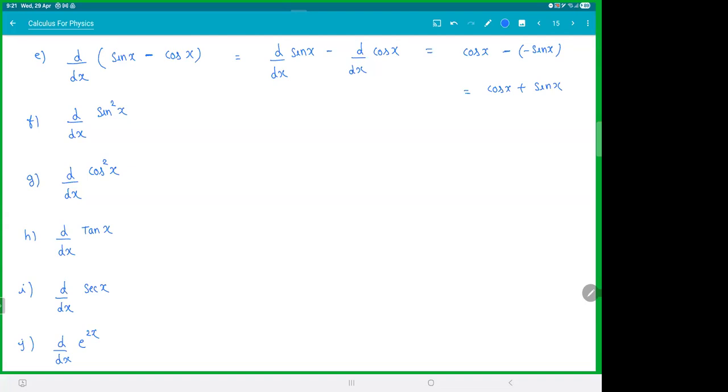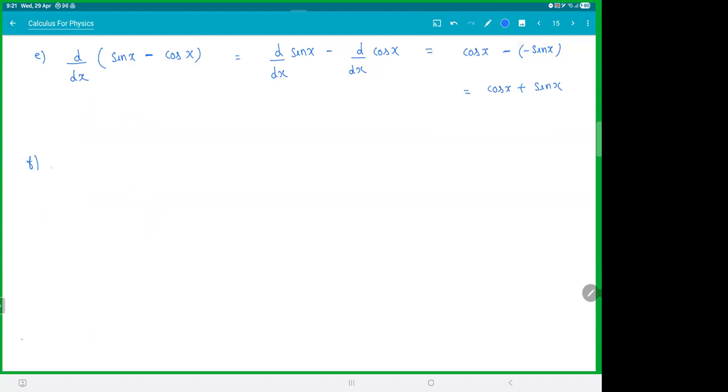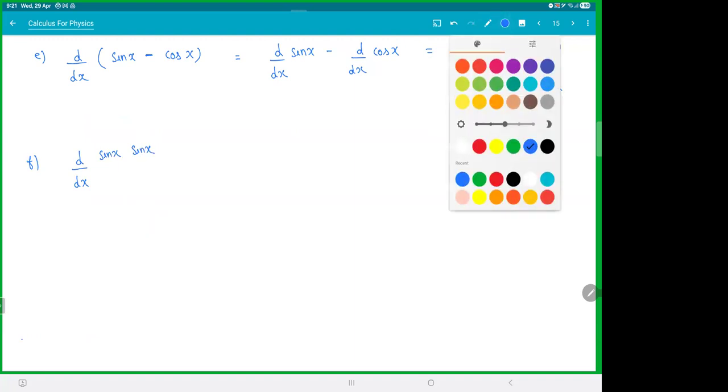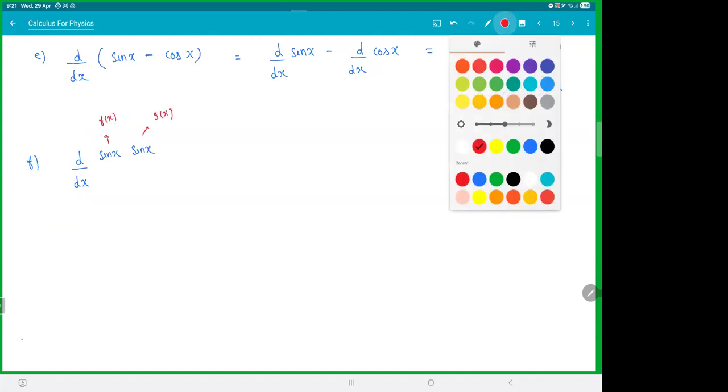So I can write the sine square x as sin x into sin x. I can use my product rule. Like I said, there are better ways to do this, but yeah, that's level 3. We'll see later on. So sin x into sin x. So you can write this thing as f of x, and you can write this thing as g of x. And then I can use the formula there.